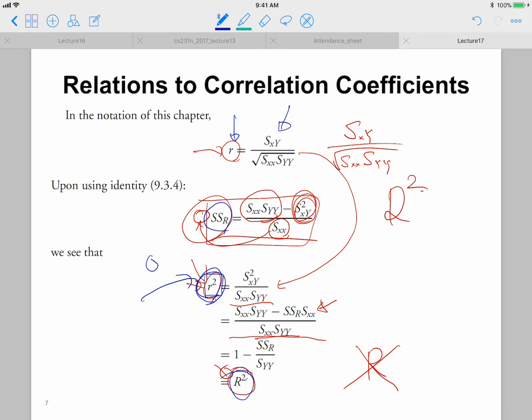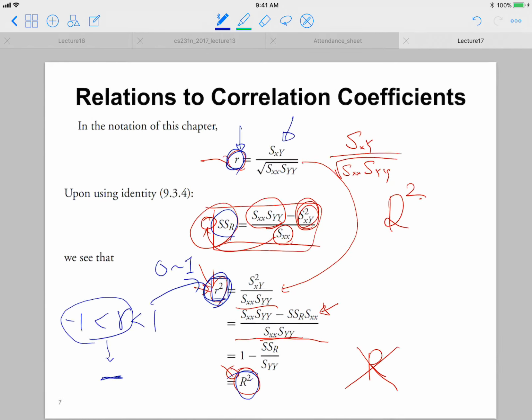So the only difference is this R. R squared is between 0 and 1, but the original R is ranging from -1 to 1, right? So we can of course have negative correlation, and in this case the fitted slope in our linear regression model is negative.